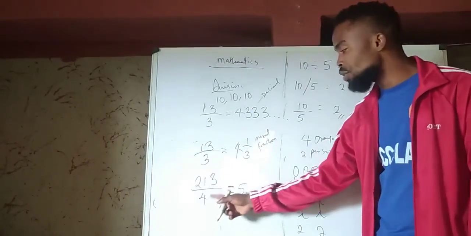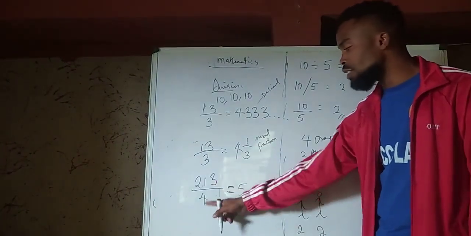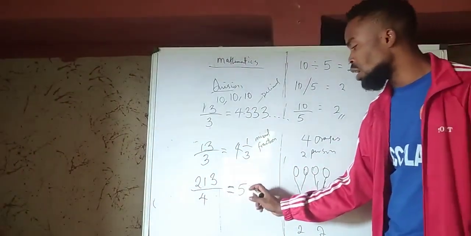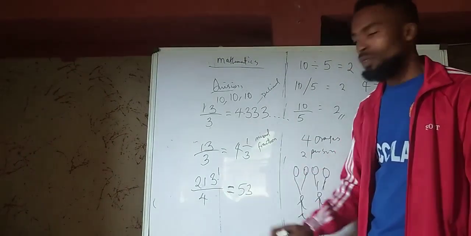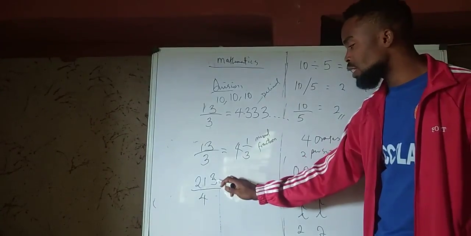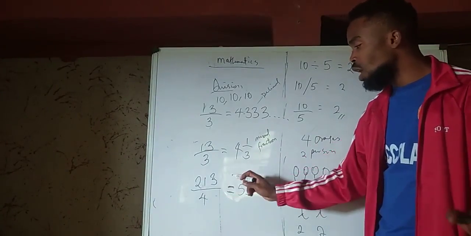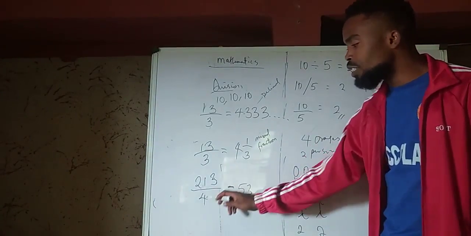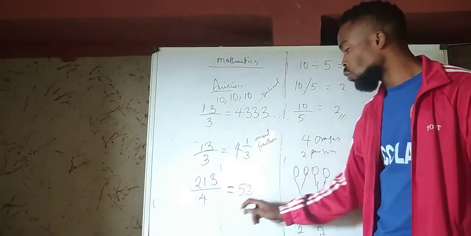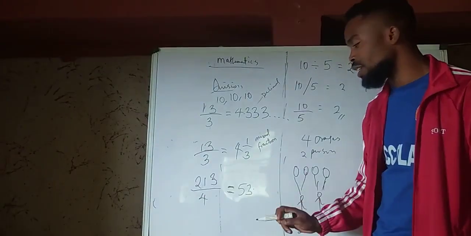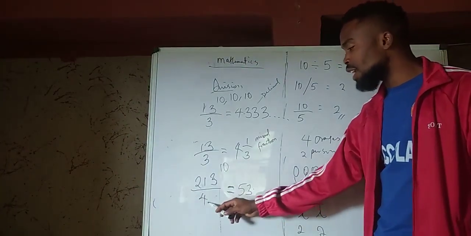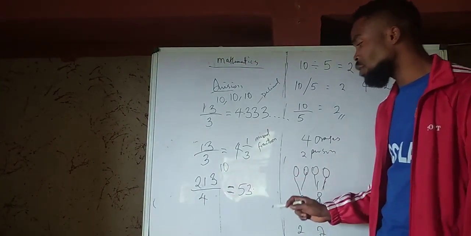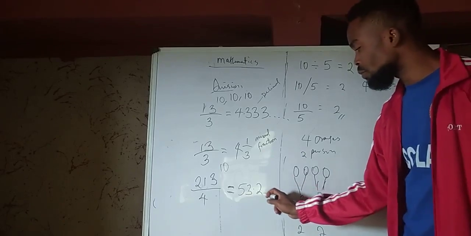How many times are we going to do this division? 13 divided by 4 will go 3 times, remaining 1. Are you getting me? So 1 divided by 4 cannot work for us. So we put a point here. Alright, and then we add 0 to this. 10 divided by 4 will go how many times? 2.